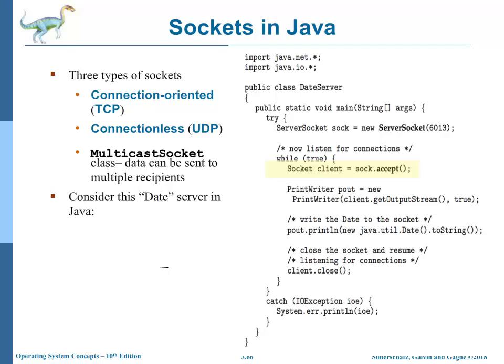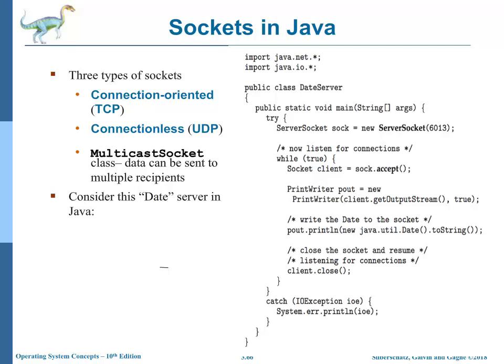When a connection request is received, accept returns a socket that the server can use to communicate with the client. Here we define the variable name as client. So when the client requests, the accept function returns the request, which is assigned to the client variable. Then the server will communicate with the client.